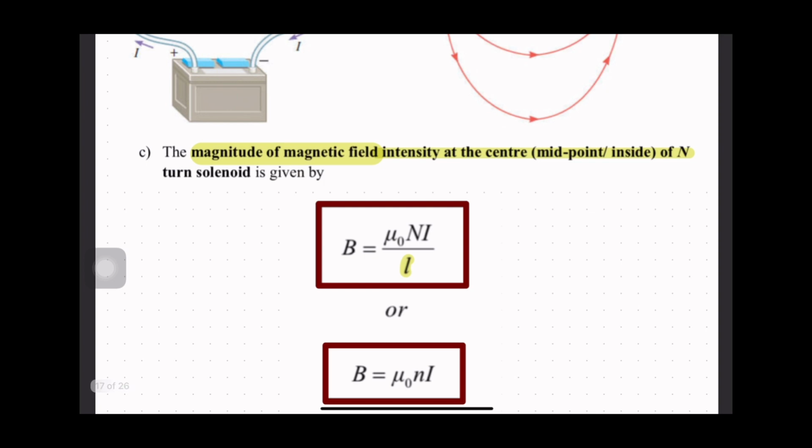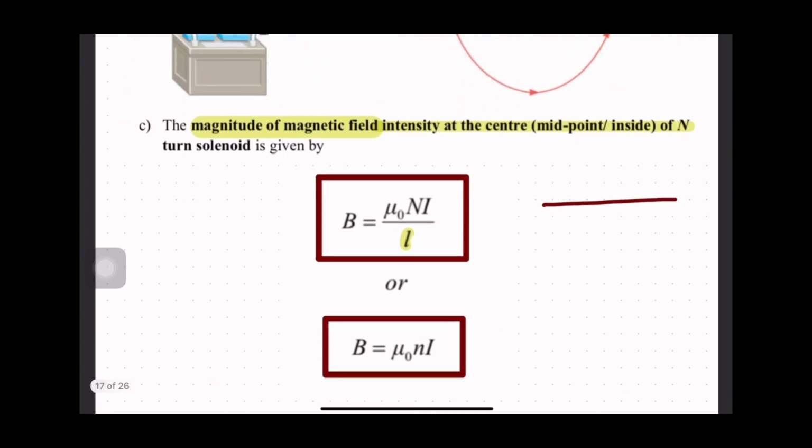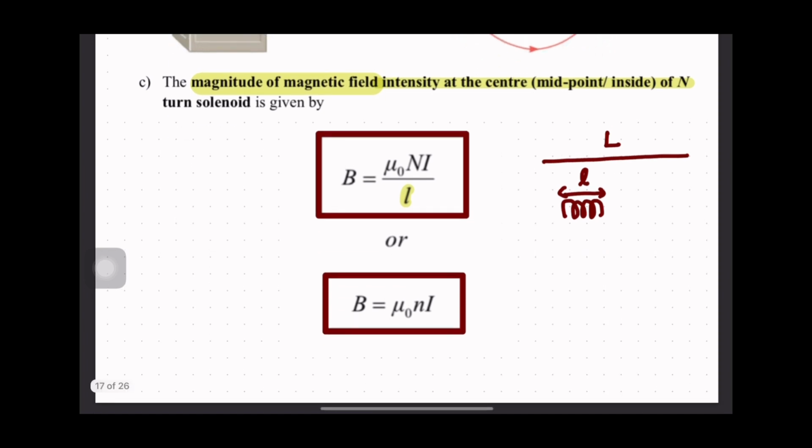Don't misunderstand: this is the length of the solenoid. The length of the solenoid and the length of the wire are not the same. If you have a length of wire and wind it to produce a solenoid, the result is the length of the solenoid. They are not the same. Okay, alright, so here is N over L.